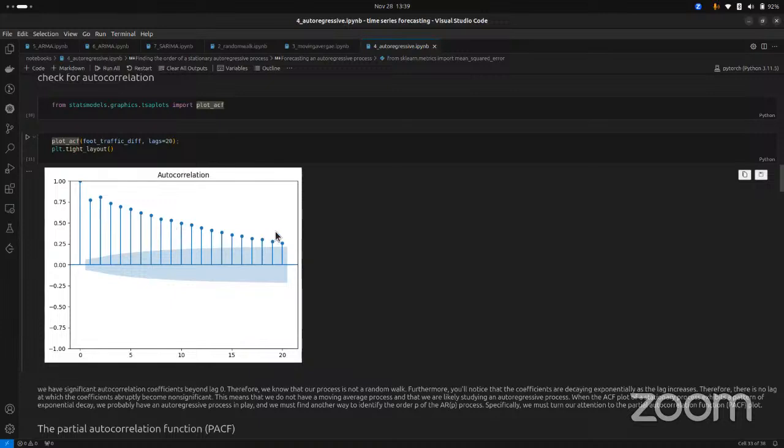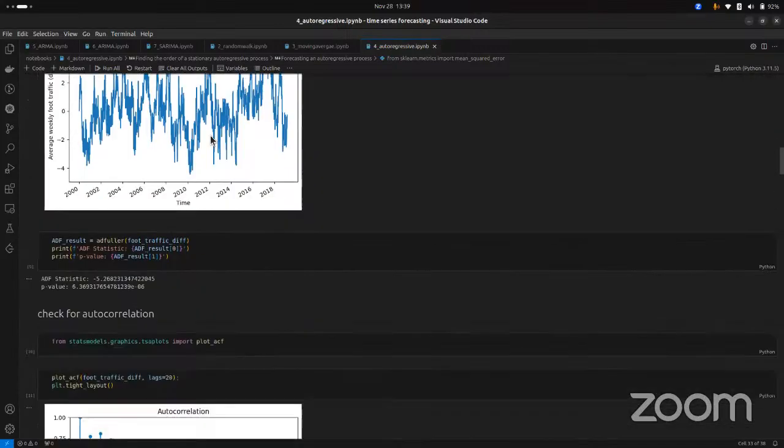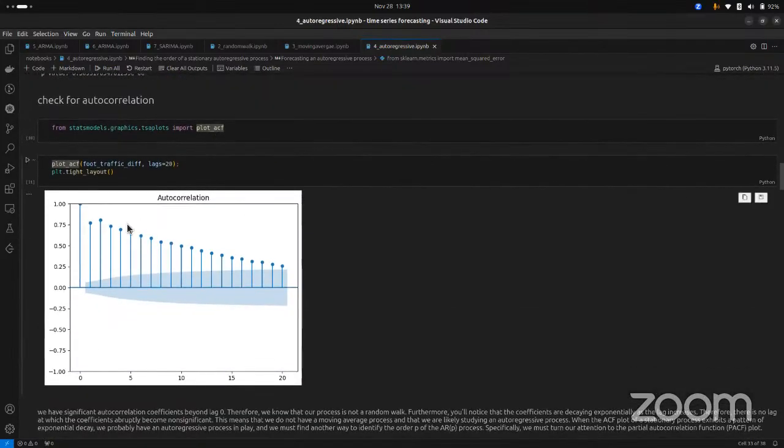Why? Because the autocorrelation function looks at the correlation of lagged processes. What's the correlation between a value at this time and a value at a previous time? If a process depends on the previous time, it will always have this lag in the autocorrelation plot.